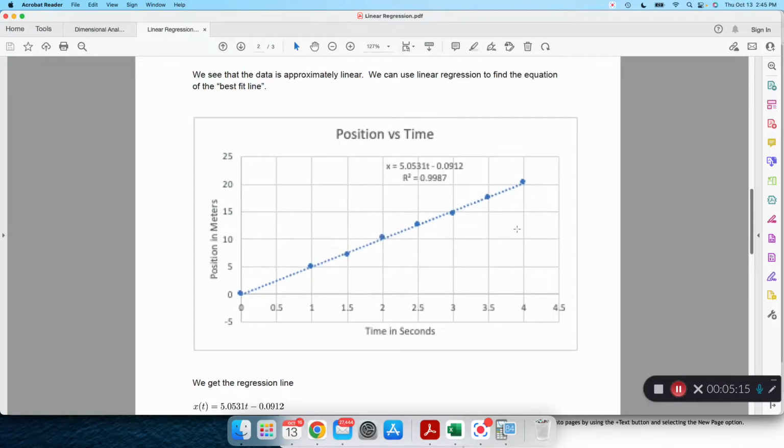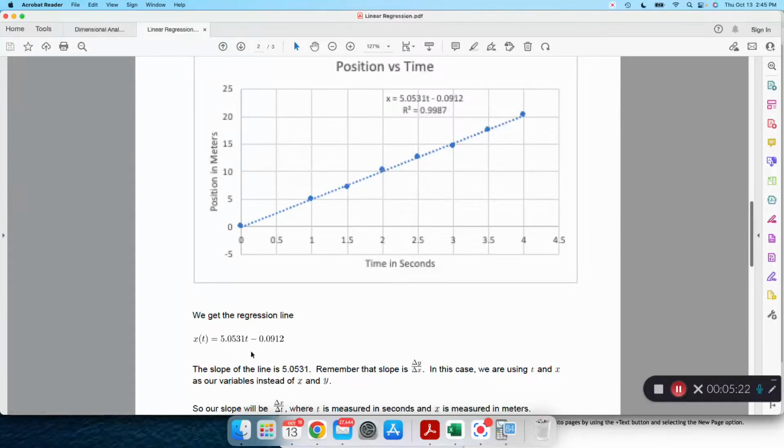We've got position versus time, and here's our best fit line. That has this equation. Remember, we're not doing X and Y, we're doing T for independent variable, time in seconds, and X is our dependent or response variable in meters.